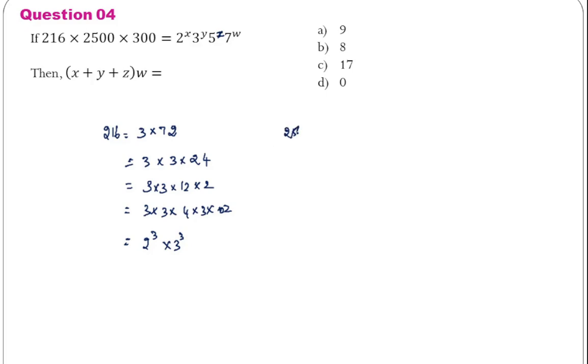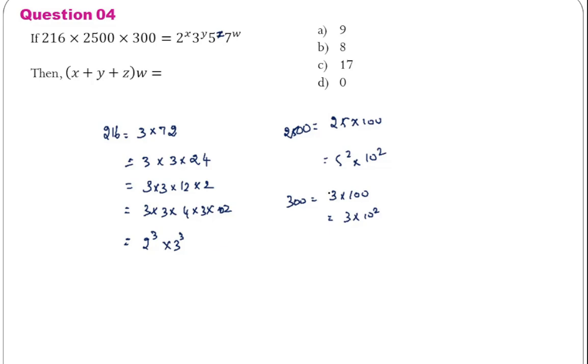Then 2500 is 25 into 100, so 5 square, 10 square. And 300 is 3 times 100, so 3 into 10 square.